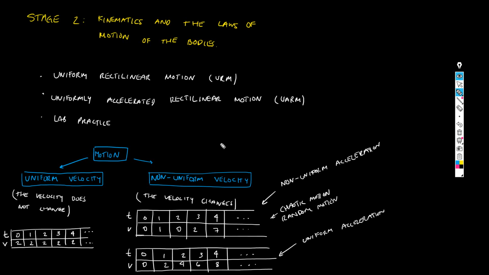You can think of this as chaotic motion. And then uniform acceleration, in which your particle changes the velocity, but always by the same amount. It's going to speed up, but always in the same fashion, always by the same amount each second that goes by. So those are the concepts, guys.